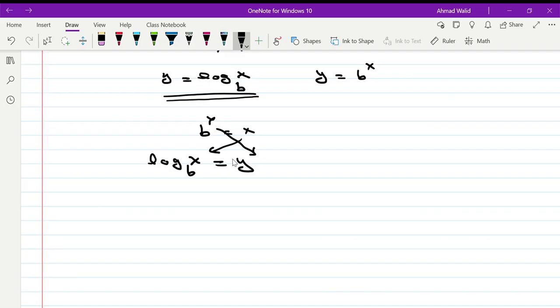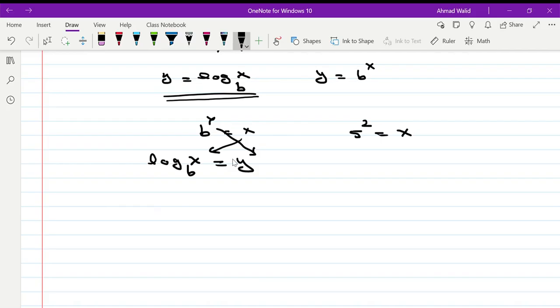Numeric example. For example, let's say 5 squared equal x. And they are asking you to write this exponent notation as a logarithmic notation.